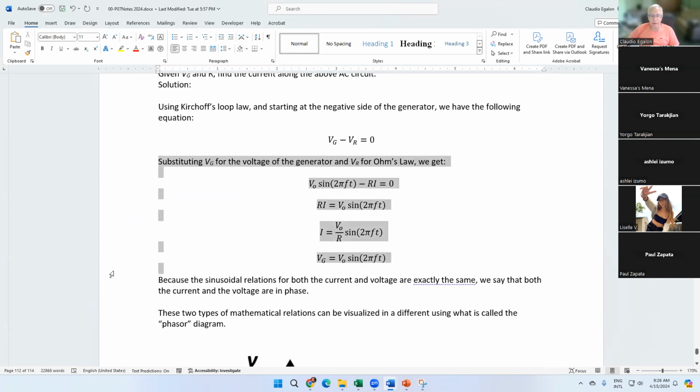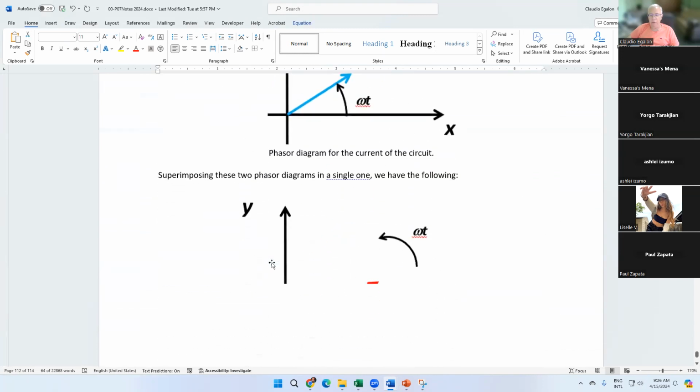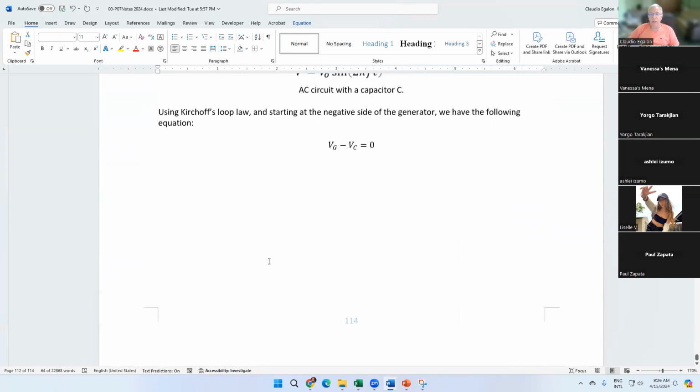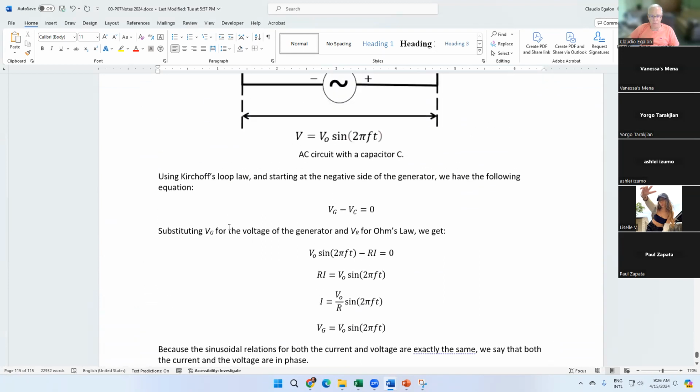Let me copy everything that we have here, and then I will use some of it. We substitute V sub G for the voltage generator and V sub C obtained from the definition of capacitance.